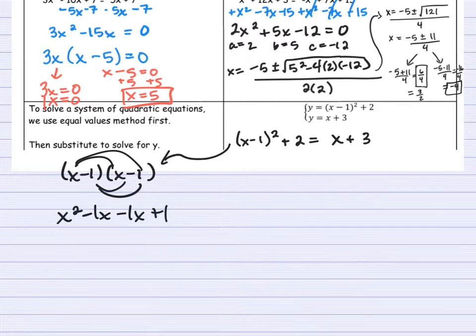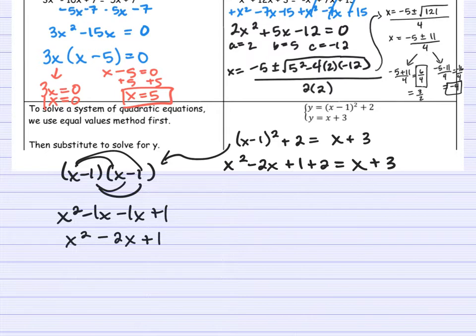So this gives me x squared minus 2x plus 1. And then I'm going to add it to this 2 sitting there. So x squared minus 2x plus 1, and then drop down that plus 2 from up here. That all equals x plus 3.